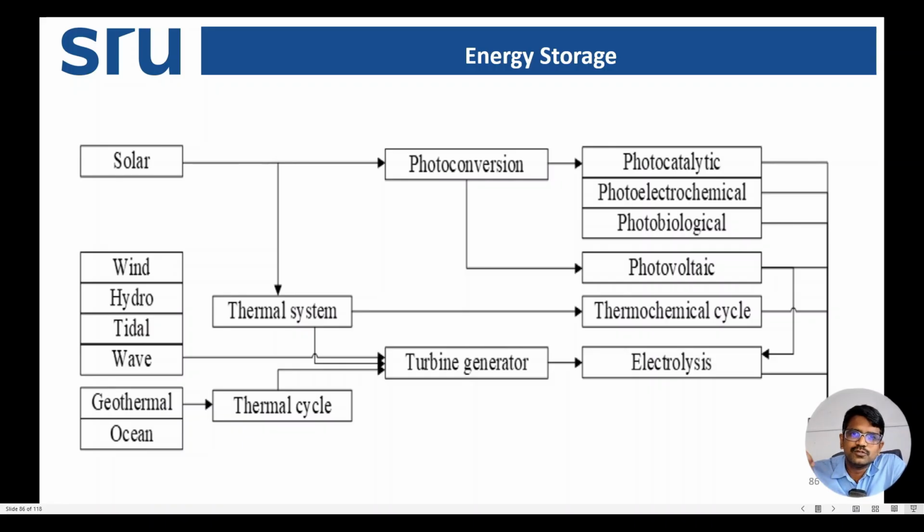So the energy production and also energy usage, see, this demand and supply is not the same all the time, right? Whenever we have a chance to produce energy, we have to produce energy. For example, if you take solar energy, it can be produced only on a sunny day, only in daylight.